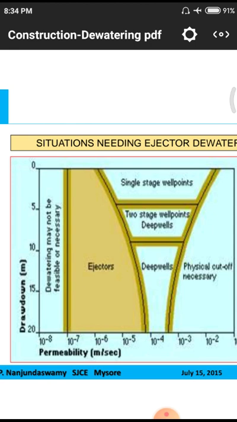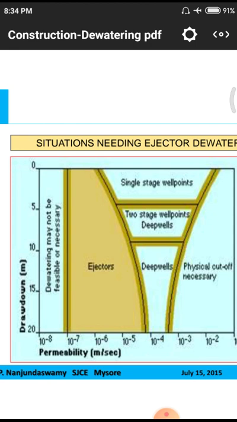First of all, at the top stage of this diagram, we have single stage well points. After that, in the second layer, we have two stage well points or deep wells. On the third stage, we have deep wells. On the left hand side, dewatering may not be feasible or necessary.